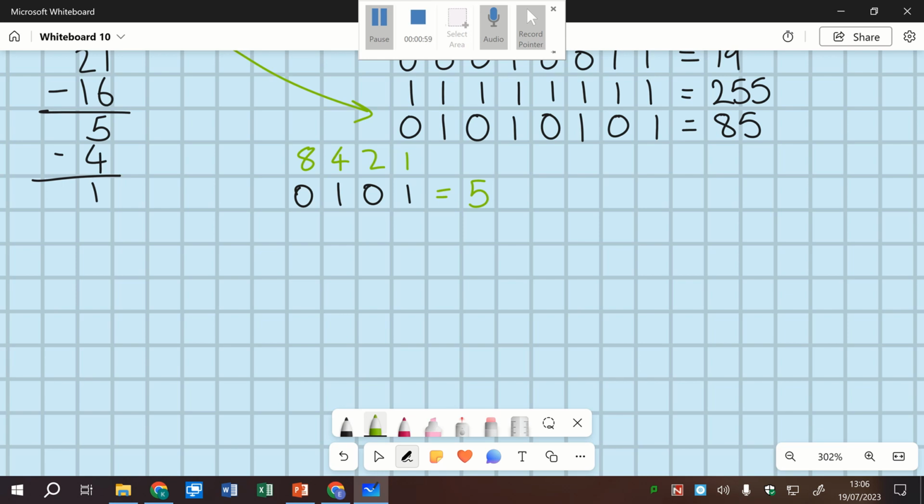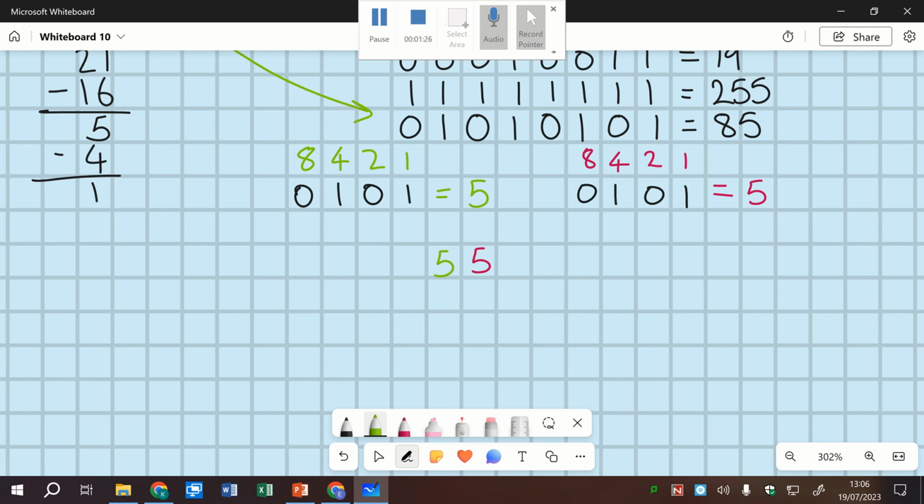We can do the same thing over here, and we've got 0, 1, 0, 1, and this is 1, 2, 4, and 8, and amazingly enough that is a 5 as well. So from a hex point of view, that is 55.